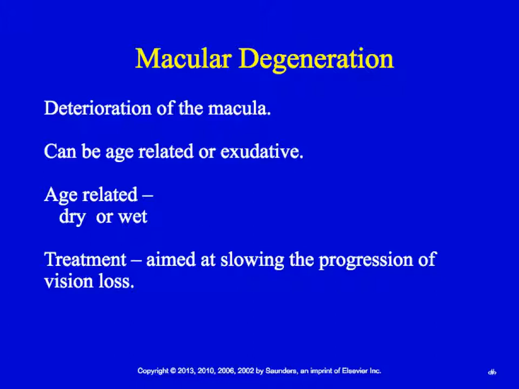Age-related macular degeneration has two types, of course. There's dry age-related macular degeneration and wet age-related macular degeneration. The big difference between the dry and wet is if you were given a choice, you would probably not pick dry, mainly because dry age-related macular degeneration is more common and it progresses at a very faster rate.